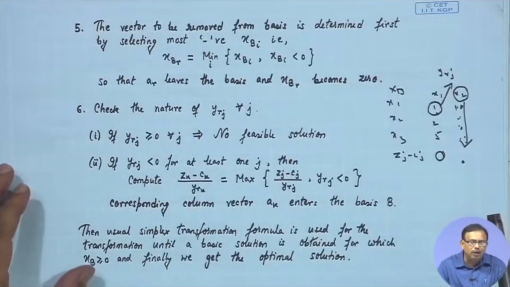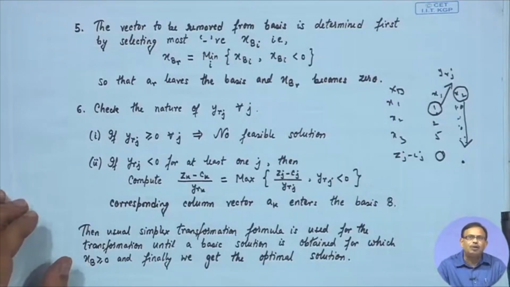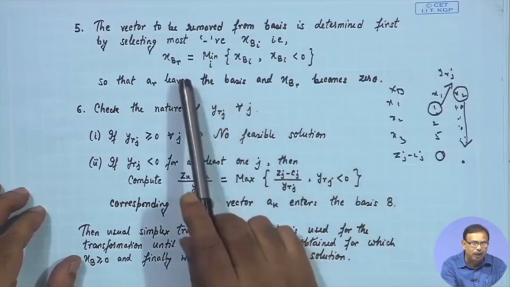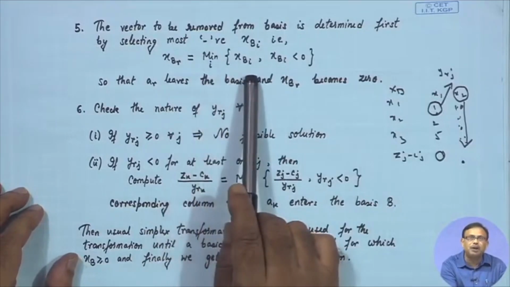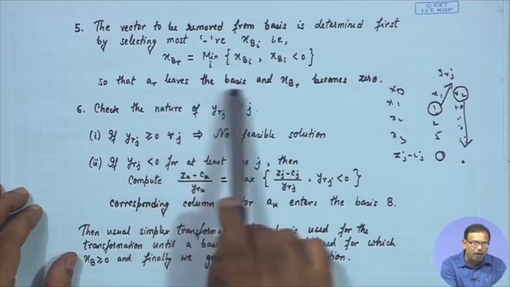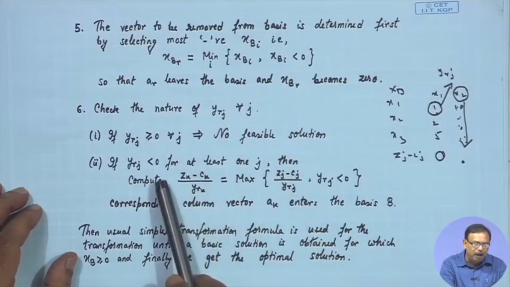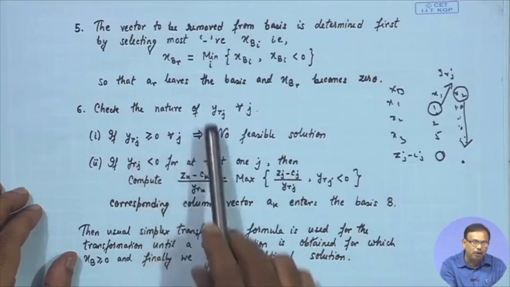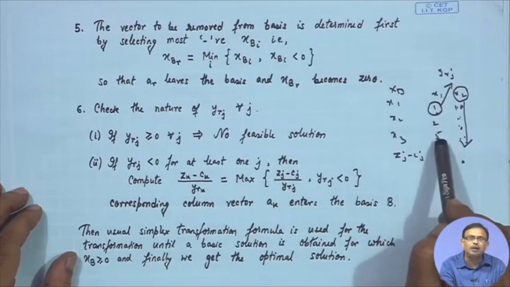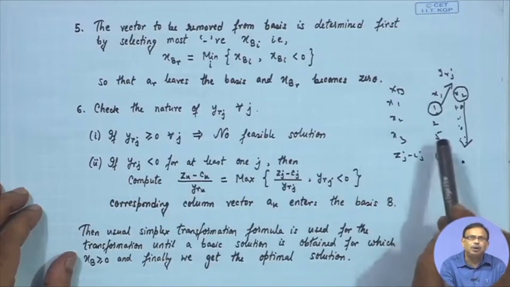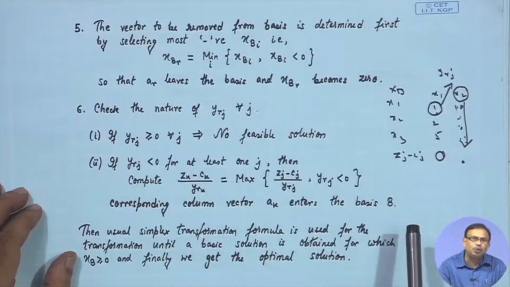First you have to check the departing variable. The departing variable we calculate by x b r equals the minimum of x b i. Then if a r leaves the basis, I will check the y r j values in the corresponding row. If all y r j are greater than or equal to 0, then the problem will have no solution.